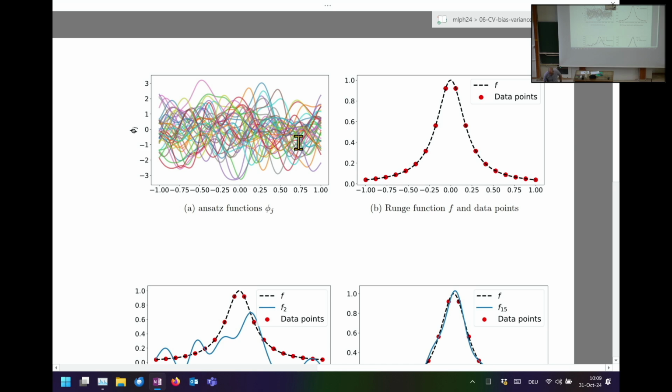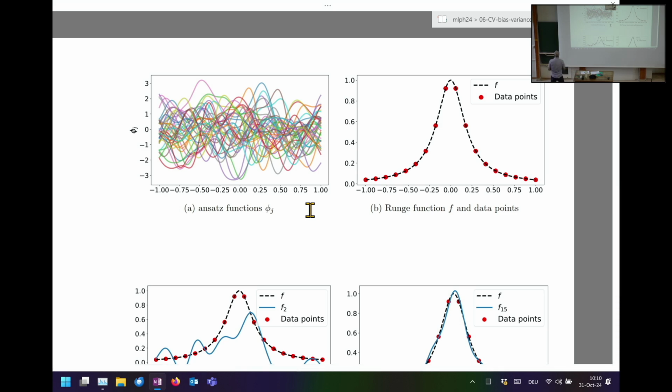And here, these are a set of features. I believe these are random Fourier features. These are called ansatz functions phi j. And so the estimate here is linear.